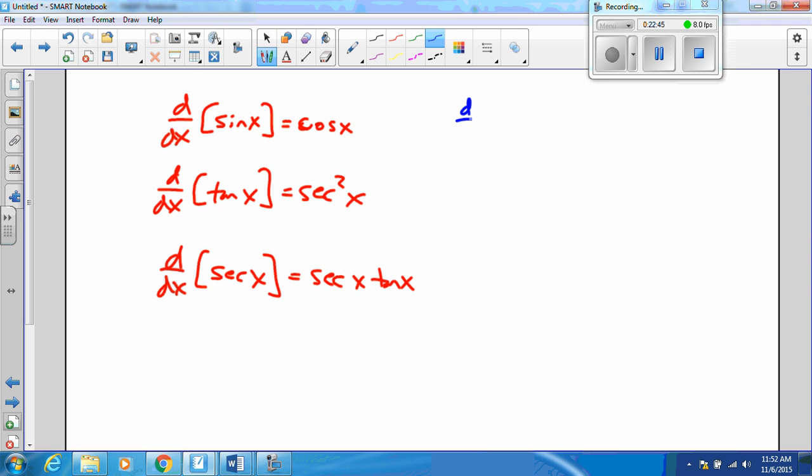And the derivatives of their cofunctions are the negative cofunctions of each of the derivatives. Take a look.